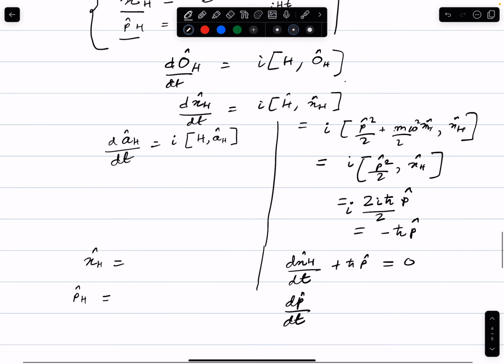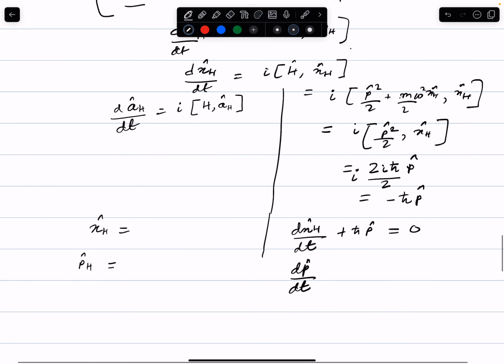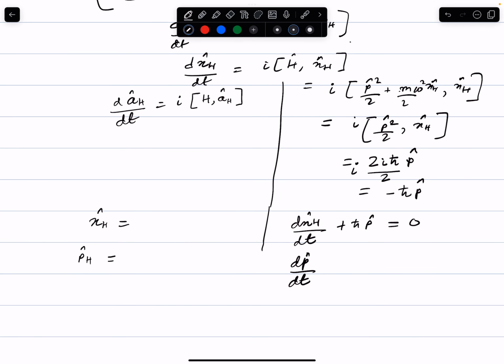We have the same because this is symmetric in p and x, right? So this will be I think plus m omega squared x equals 0, something like this.